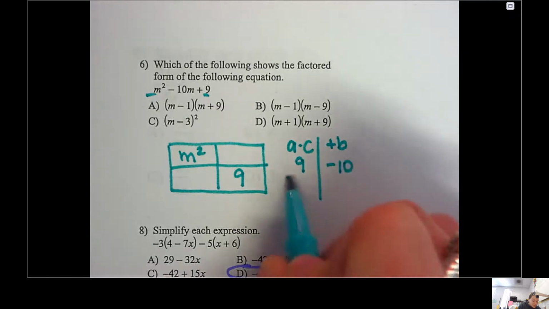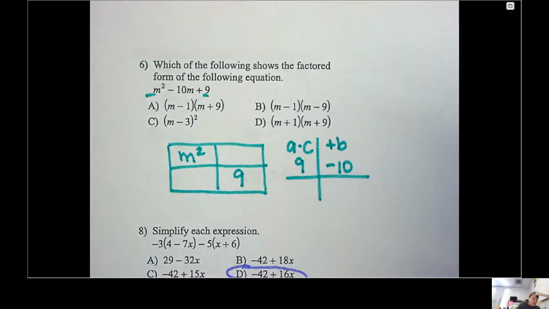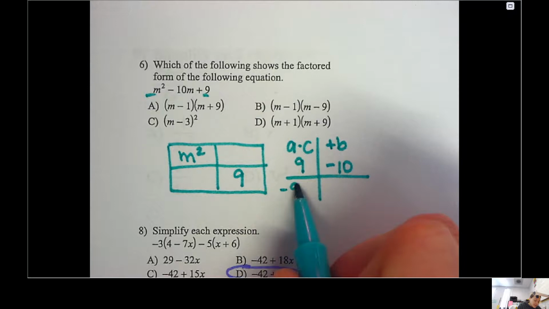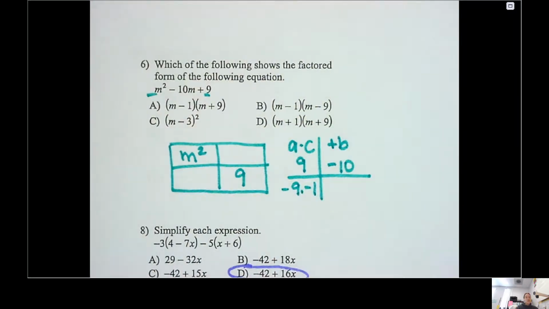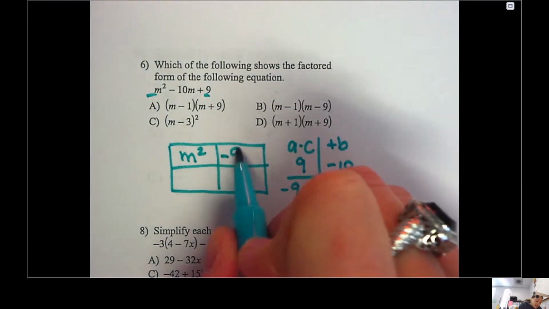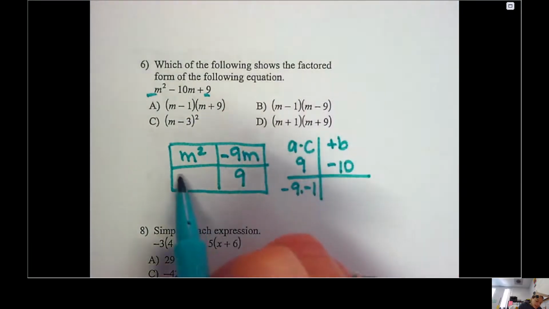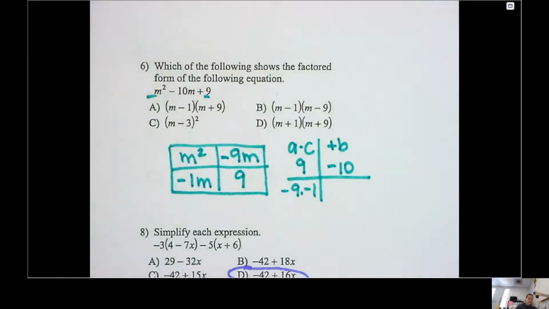-10. So two numbers that multiply to give me a positive but add up to be a negative means both of them have to be negative numbers. So -9 times -1 multiplies to be a positive, but when I add them together, I get a negative. So I've got -9m and -1m. And now I'm going to figure out the factors that go on the outside.